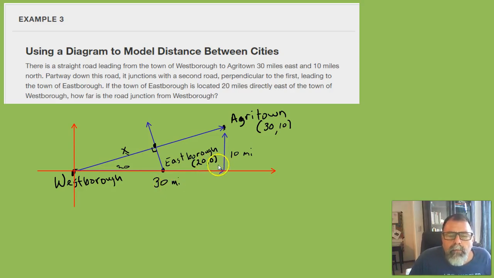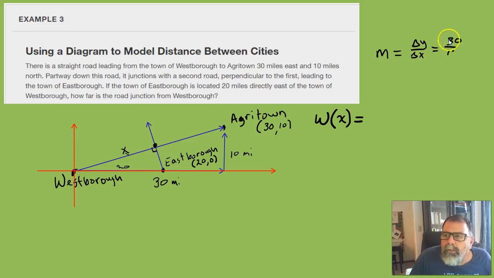And then we want to find out what this point is here. So the equation for the line from Westboro to Agritown, we'll call it W of x, and the slope is rise over run, change of y over change of x is 30 over 10.